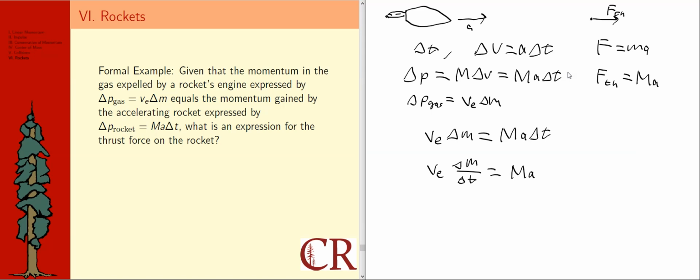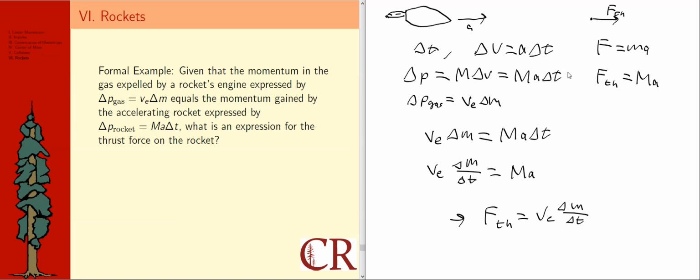But comparing that to the formula we just got, it's pretty clear that it's the same on the right. So maybe the thing on the left really is the expression for the thrust force. In other words, I think the thrust force is equal to the exhaust velocity times delta M over delta T.